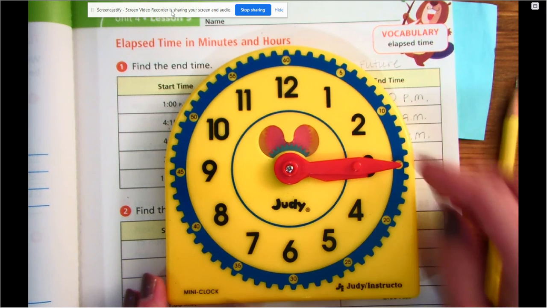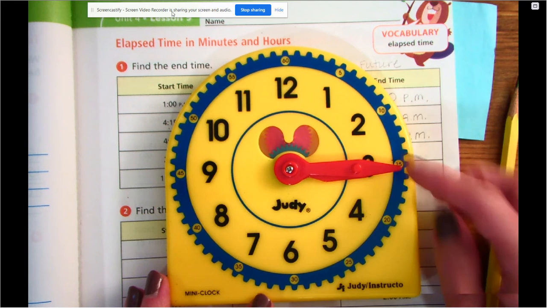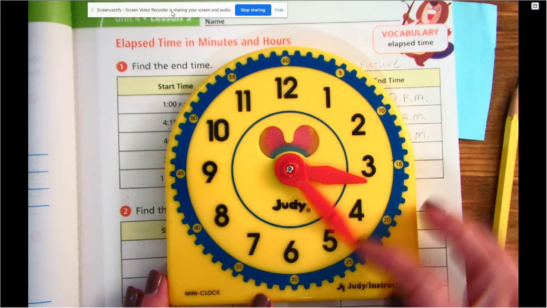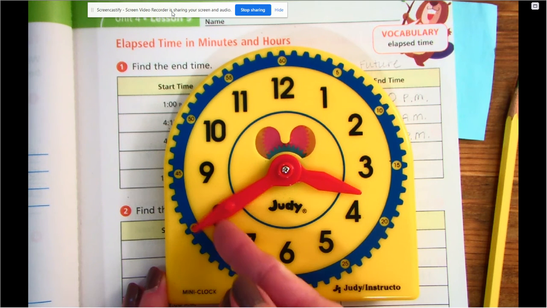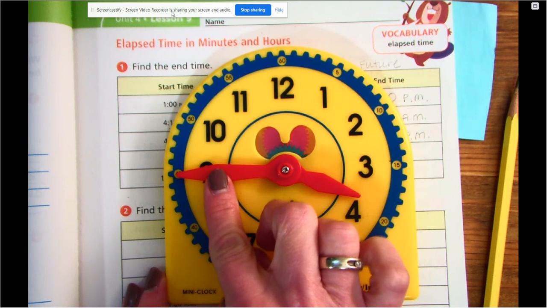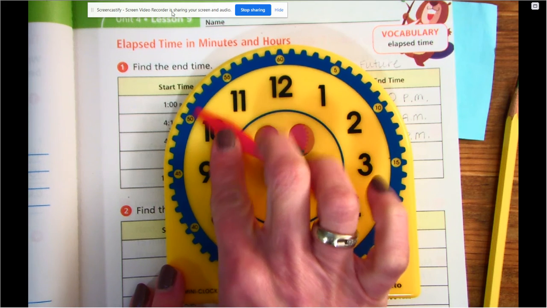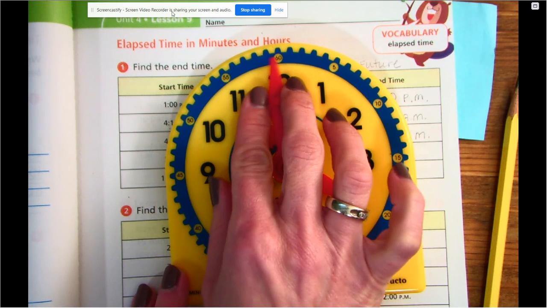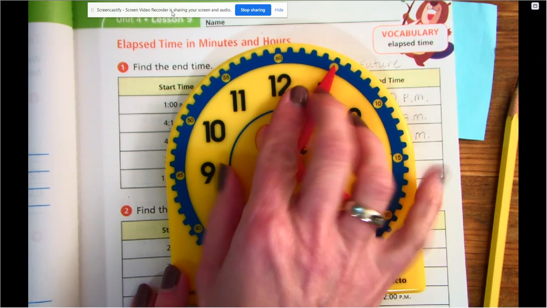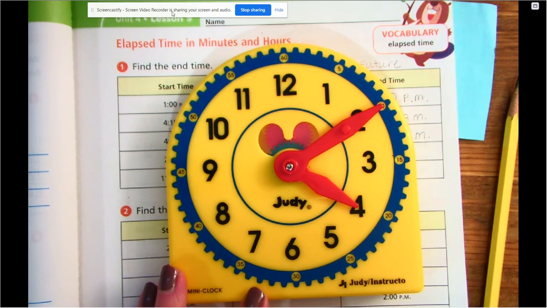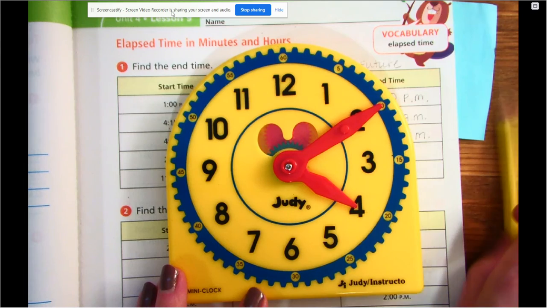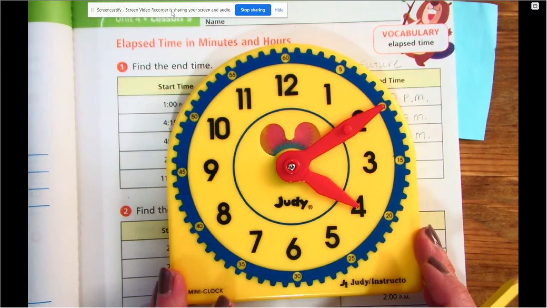Okay, so I can count by fives with my hops. 5, 10, 15, 20, 25, 30, 35, 40, 45, 50, 55 minutes. Okay, so I went 1 whole hour and then 55 minutes out of the next whole hour.